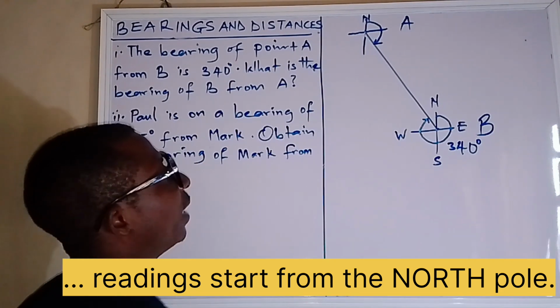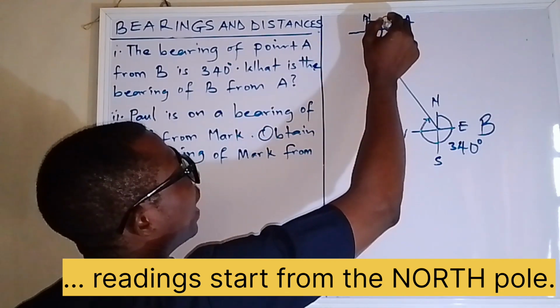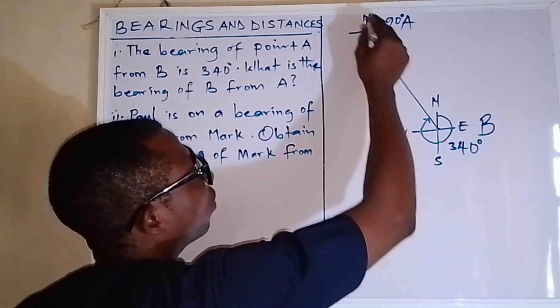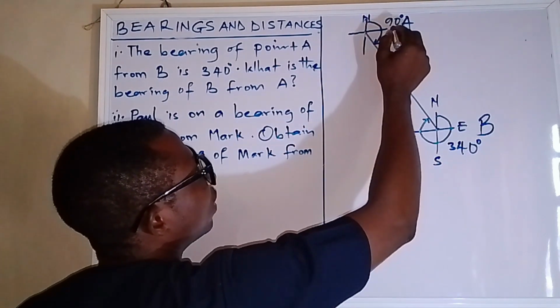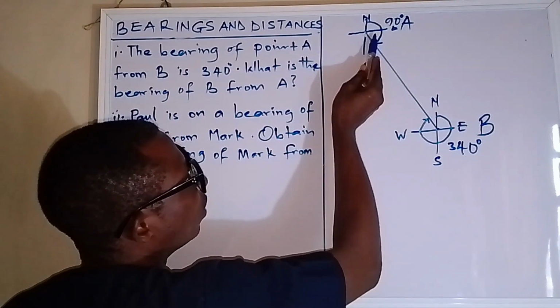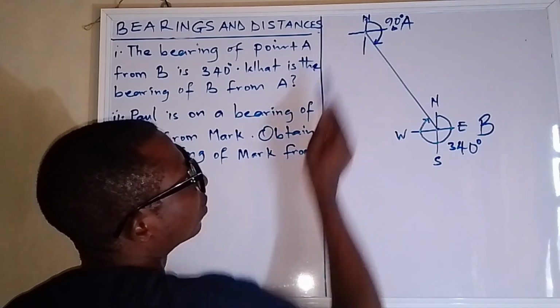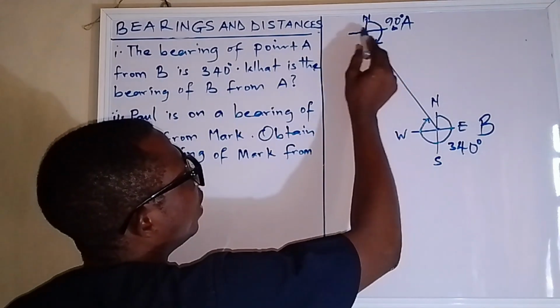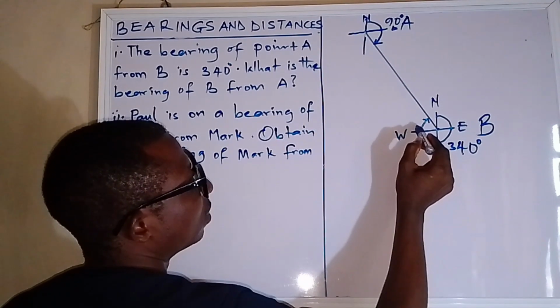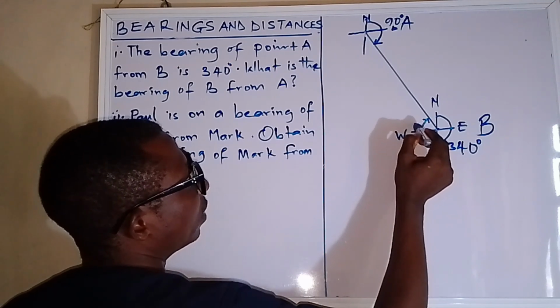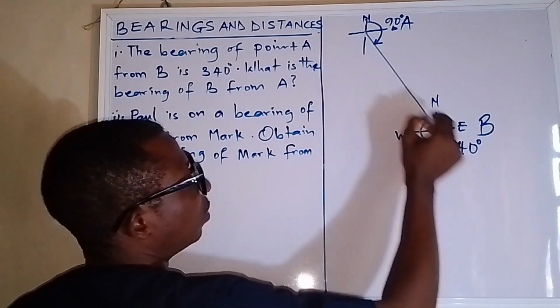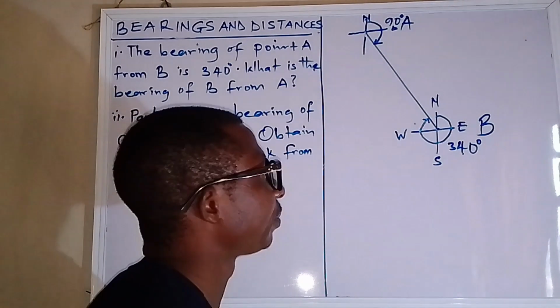Now, don't forget, from north to east is 90 degrees. So we need to get this small angle here. So this angle here is alternate to this angle. So how do we get that?